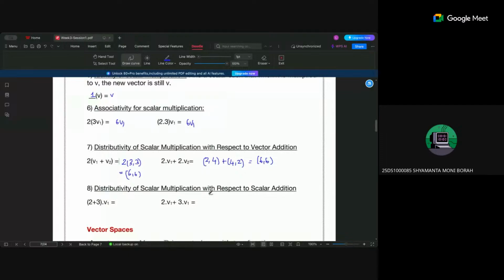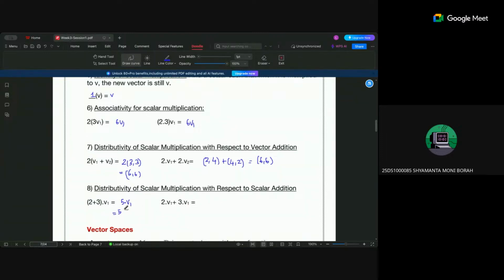And the same we are doing now for distribution of scalar multiplication with respect to scalar addition, because here I am doing the addition of the scalars. So here 5 times V1, and here 2 times V1 plus 3 times V1.